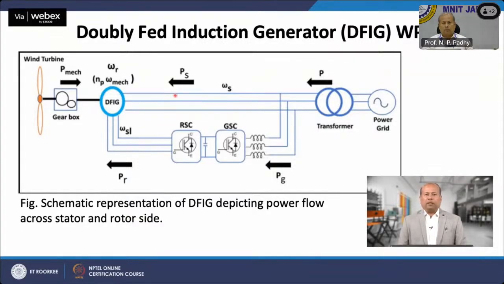The stator part is directly exposed to the grid, which works at fixed voltage and frequency. Henceforth, it is mandatory that the stator of the DFIG is compelled to operate as per the grid norms.